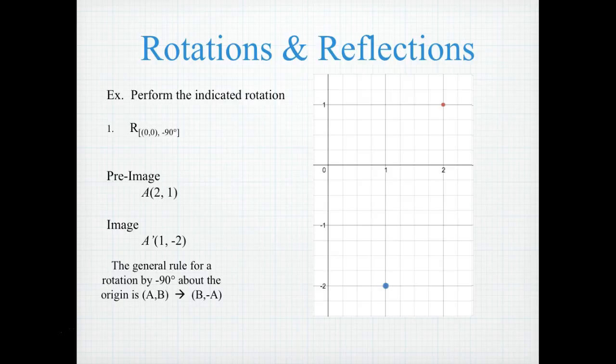So the general rule for a rotation of -90 degrees about the origin is that coordinate (A, B) will go to coordinate (B, -A). And a negative 90-degree rotation about the origin is equivalent to a 270-degree rotation about the origin.